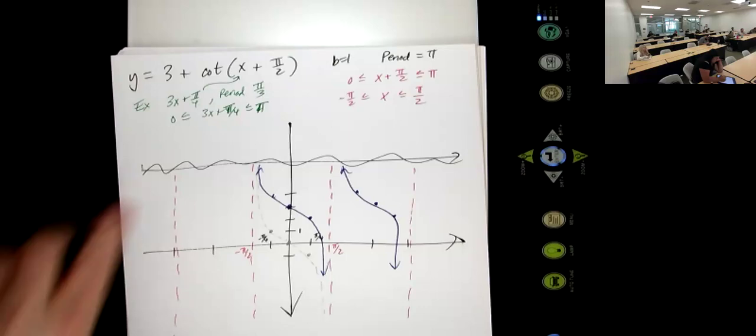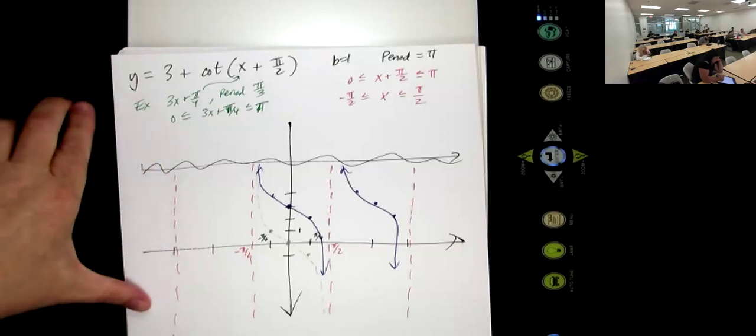And then we'll do that 3x plus pi over 4 real quick. That's like the full package, right?